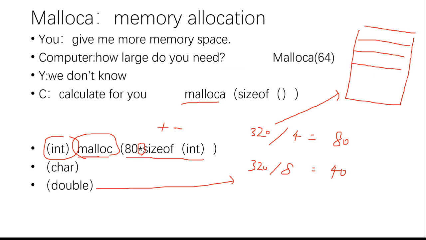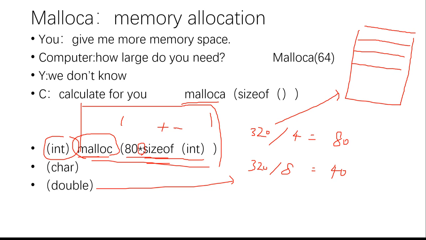Okay, so what is behind the malloc is: how large do you need? You tell the computer. And if you are not sure it's the right size, you just ask the computer to calculate the space for you, so that's sizeof, and it gives you the whole piece of memory. This part gives you a whole piece.